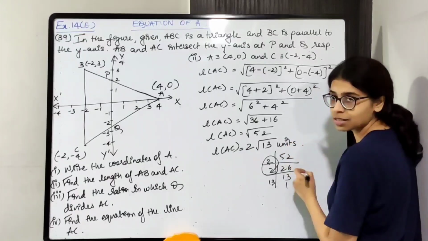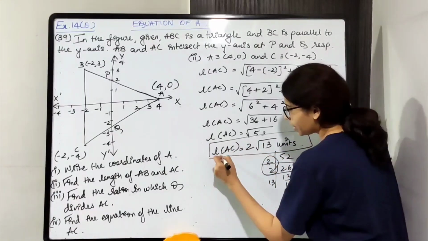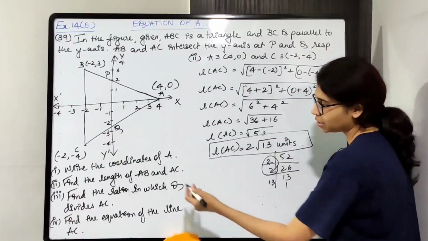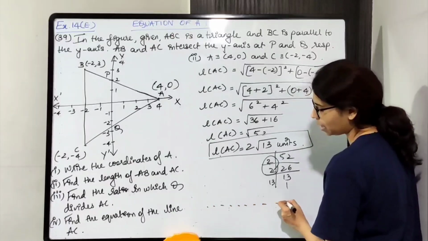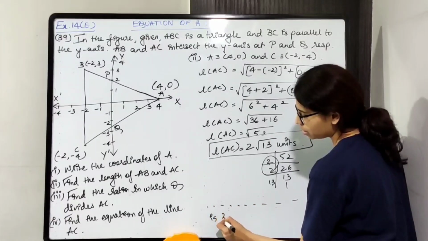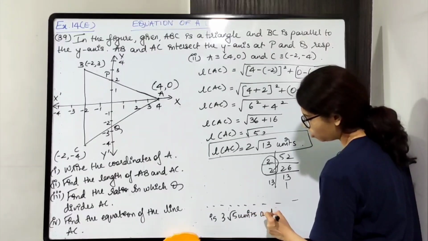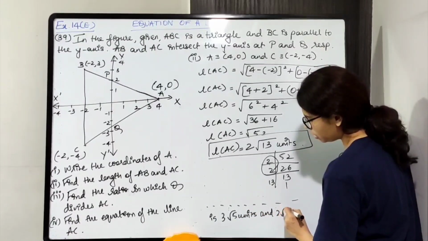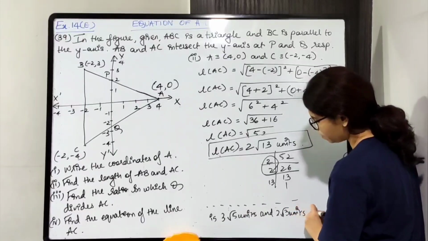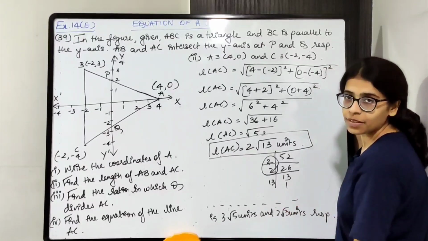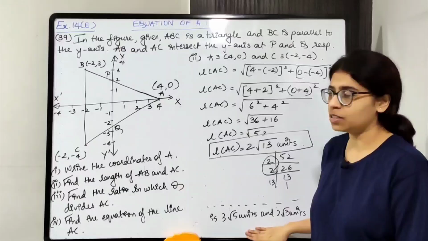Don't forget this. Box कर दो. After this, write down the statement. The length of AB and AC is 3 root 5 units and 2 root 13 units respectively. Okay, so don't forget to write down the statement.